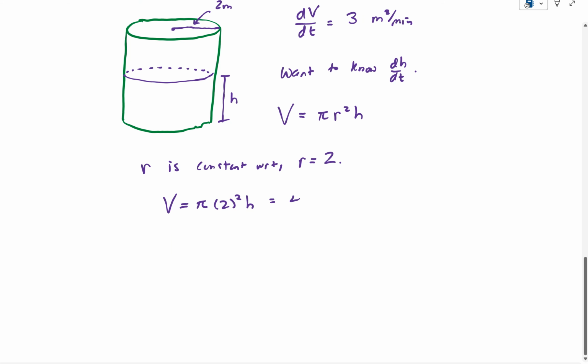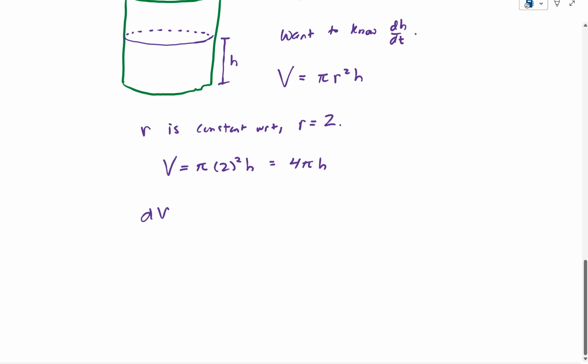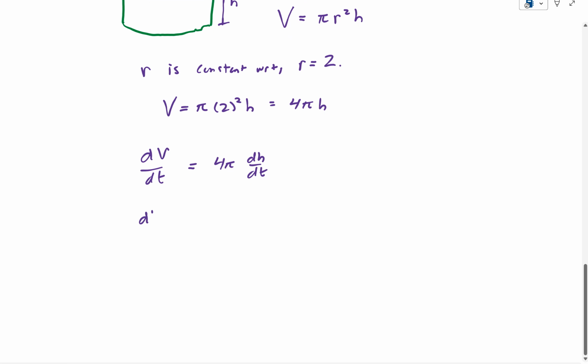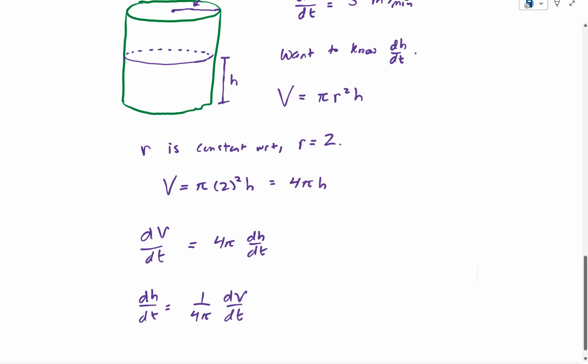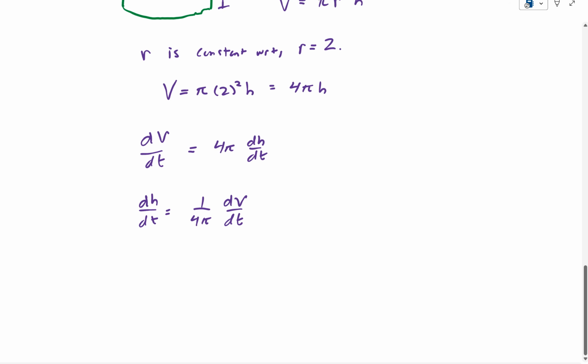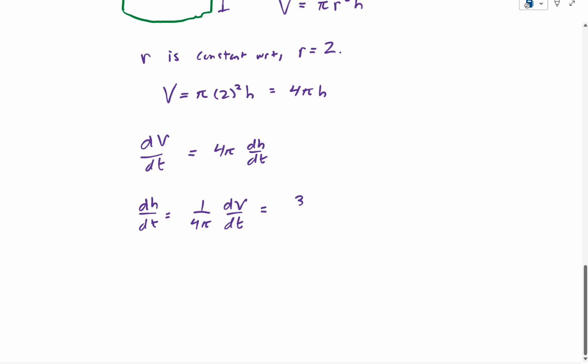So this is 4 pi h. And now we differentiate this with respect to t, so dV dt is going to be 4 pi, and then I'm just going to get a dh dt. So I'm looking for dh dt, so I just write this as 1 over 4 pi, and I have dV dt. And notice dV dt was 3, so this is 3 over 4 pi.